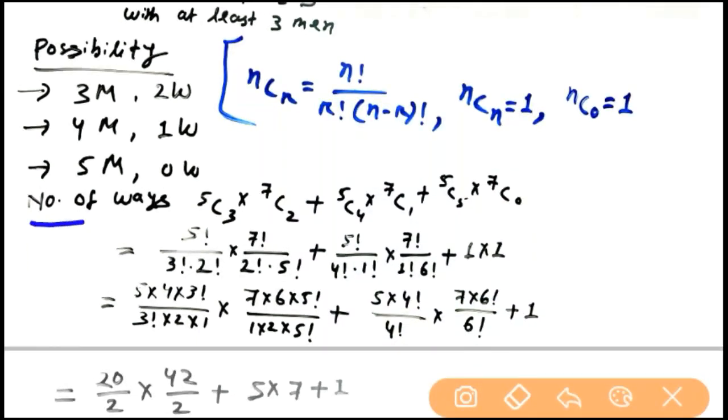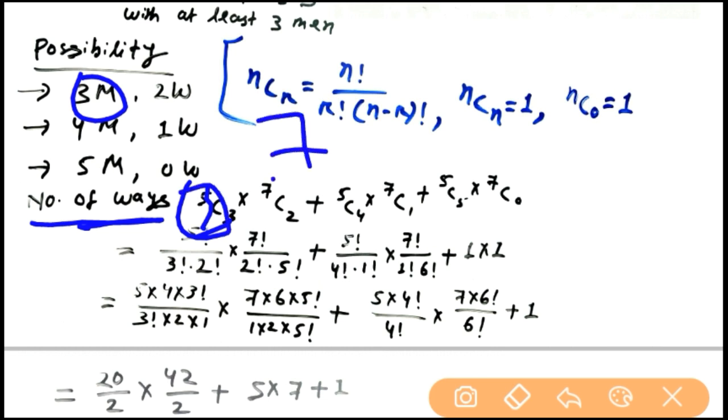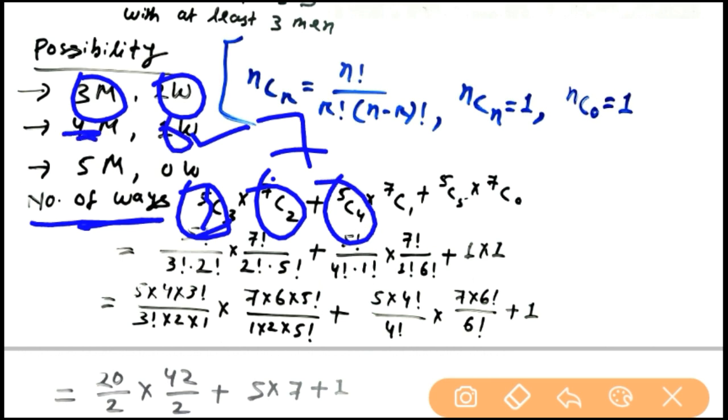So the number of ways are, here you can see that we have 5 men, so 5C3, 3 men, and 7 women, so we have 7C2, this is 2 women, plus for the second, 5C4, 4 men, and 7C1, 1 woman.